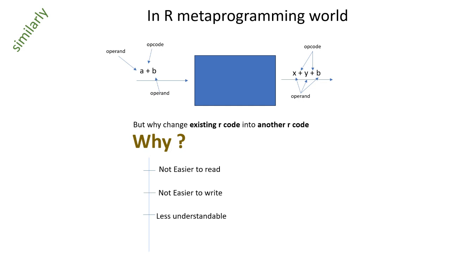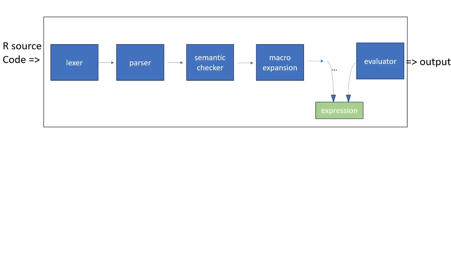Why are we doing that? Maybe the existing R code is not easy to read, or not easy to write, or it is less understandable for programmers. Before moving forward, let's see this example.